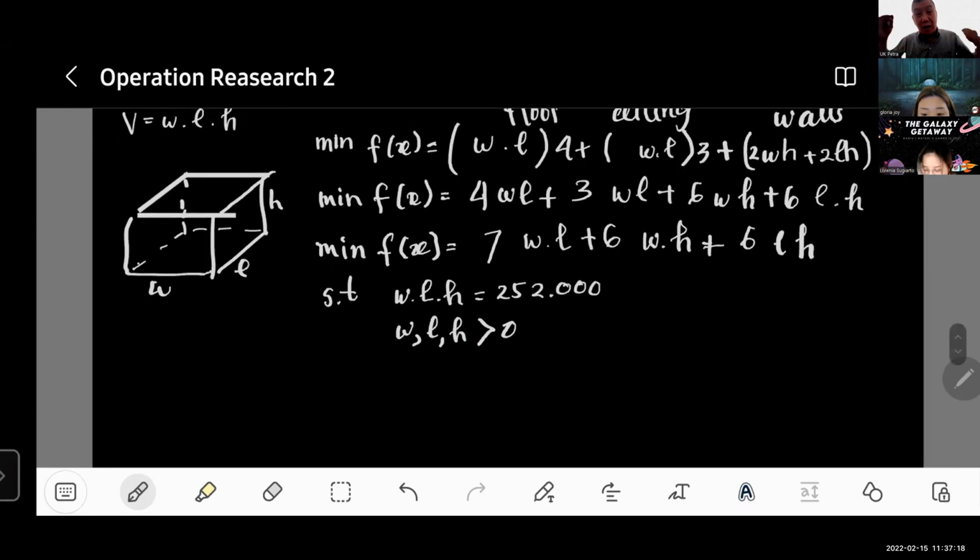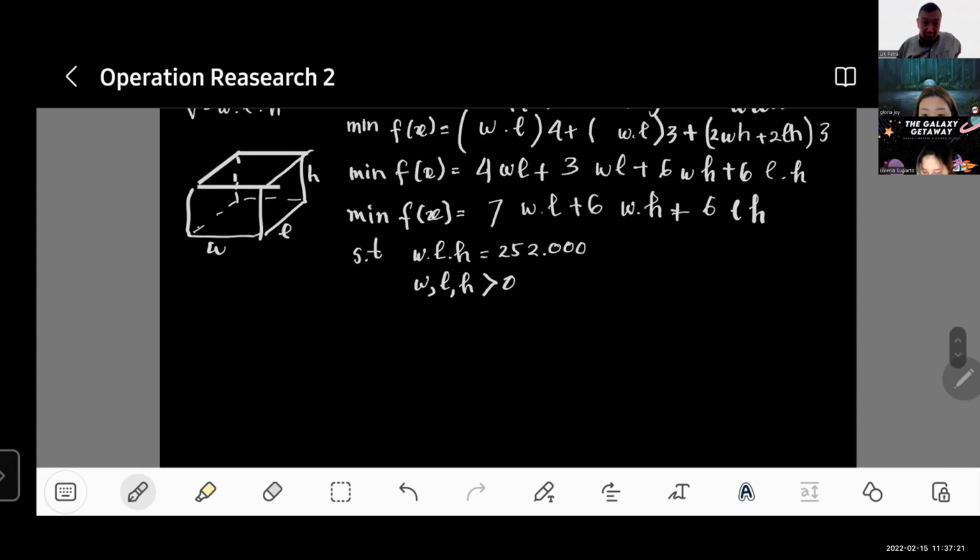So once you make this, you can actually put that into the computer. But now let's solve this using the Lagrange multiplier. So the function of W, L, H and lambda is equal to the objective function. Actually, that is not f of x, that should be f of w, l, and h, because there is no x there.